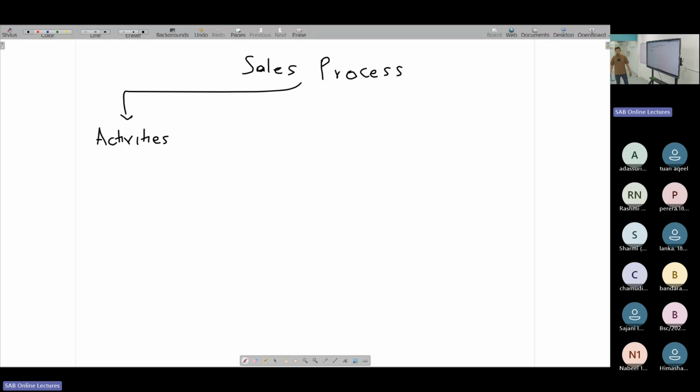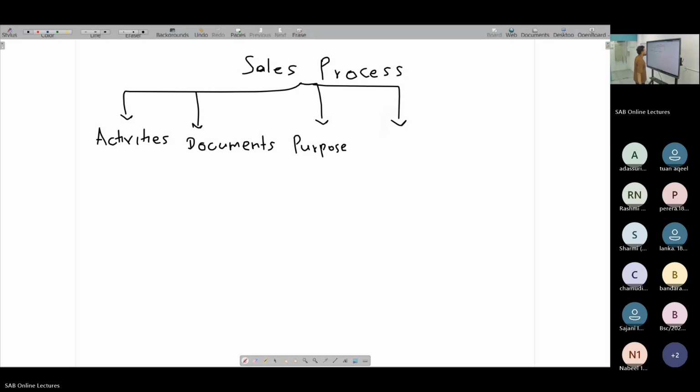Activities we discussed, and documents, purpose of documents. What are the topics we discussed?